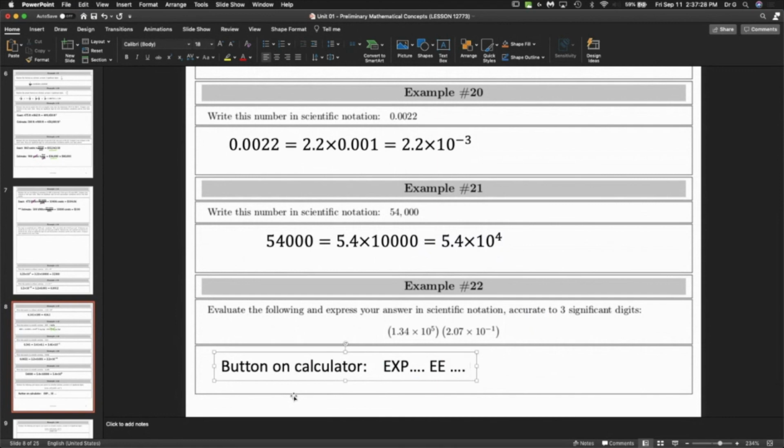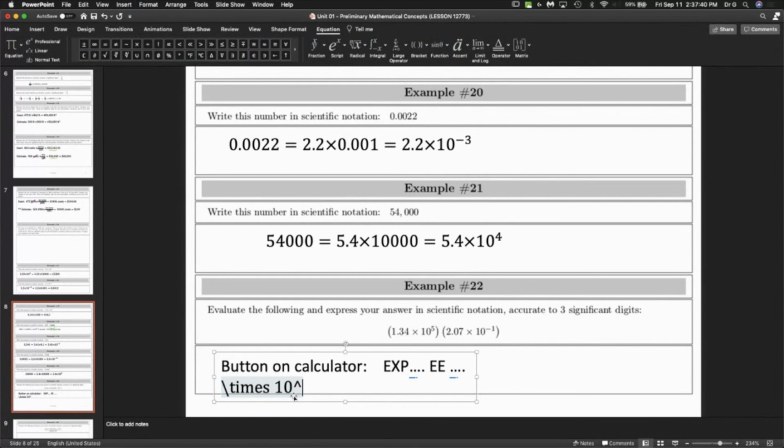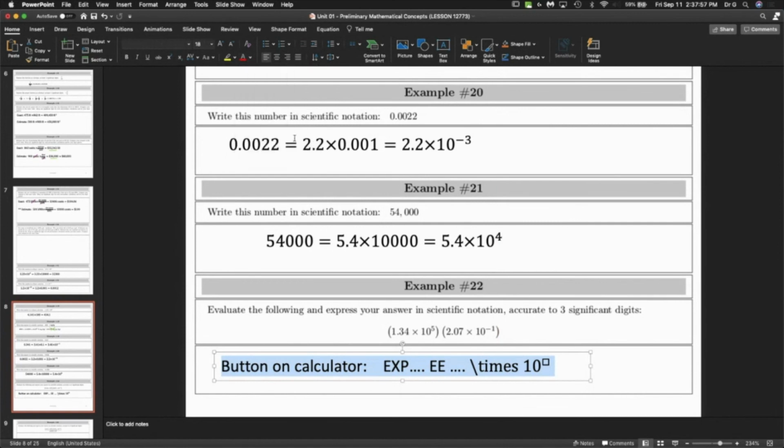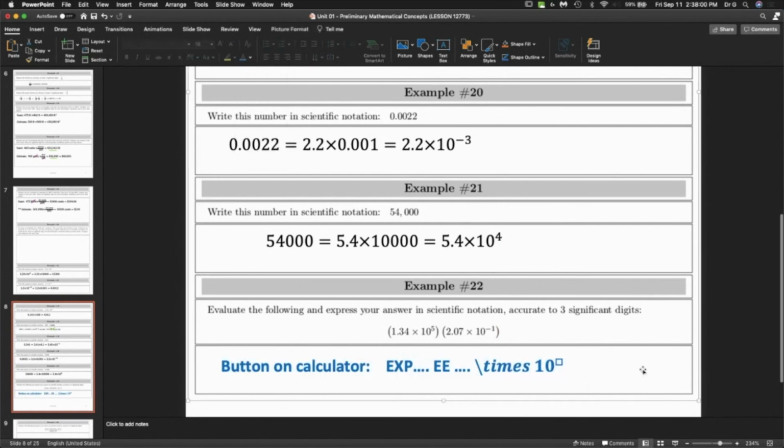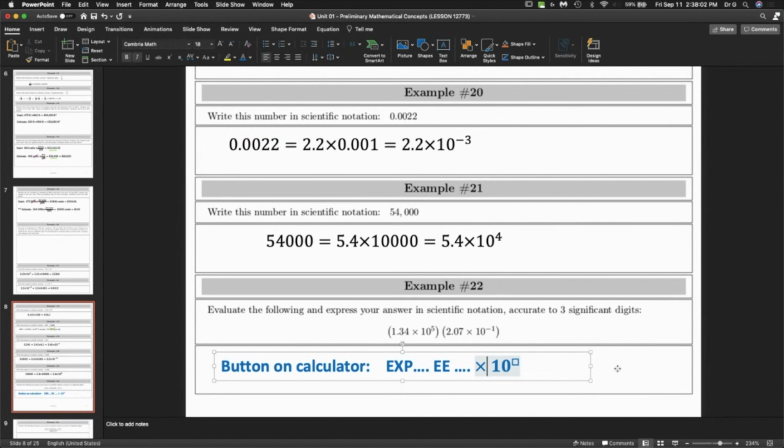Or it could be this button. So those are the ways that you can see it on your calculator.